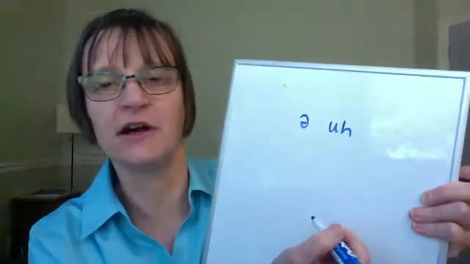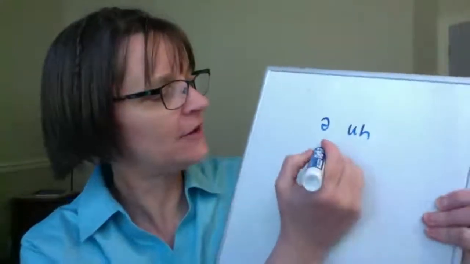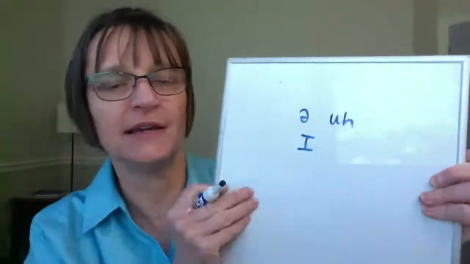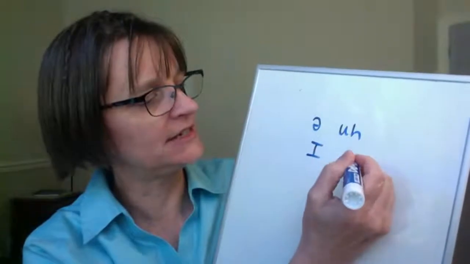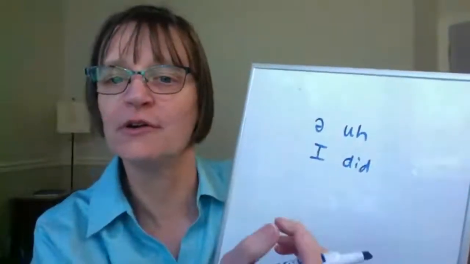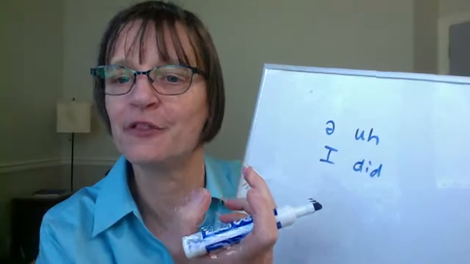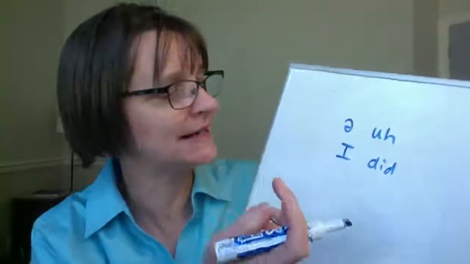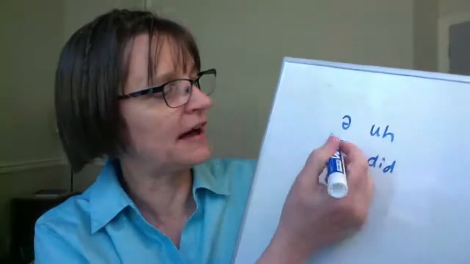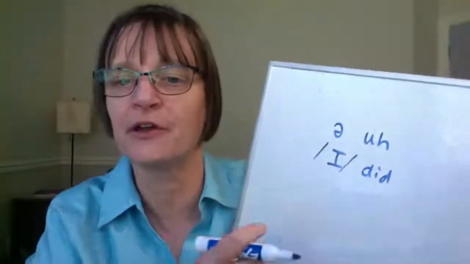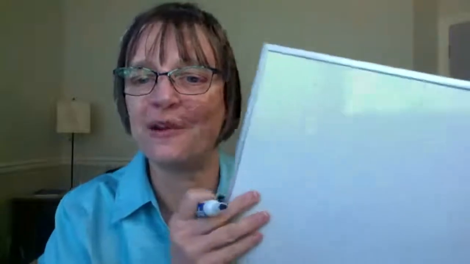The other unstressed vowel in many longer words is the I, and this is the vowel in did and didn't, and also in your words, solidarity. Your other words were solitude and dedicate. So all of those are the vowel I. Very good. Welcome from Brazil and from everywhere else. It's so nice to see all of you here.